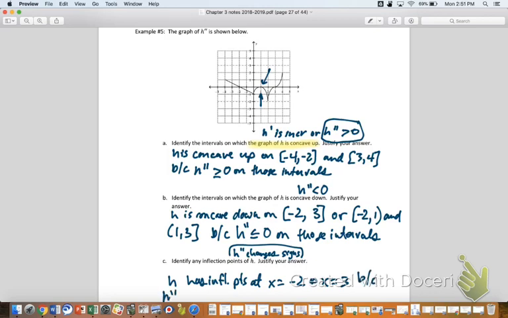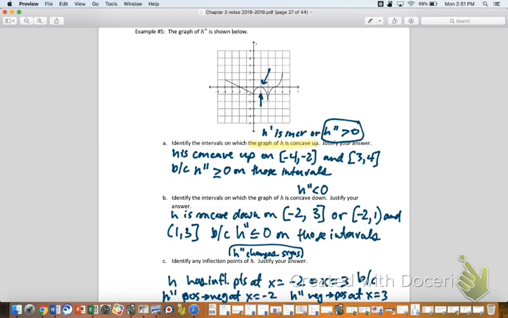We'd want to say something like H double prime changes from positive to negative at x equals -2, and H double prime changes from negative to positive at x equals 3. Sorry for the shorthand there, but I'm out of room, obviously.